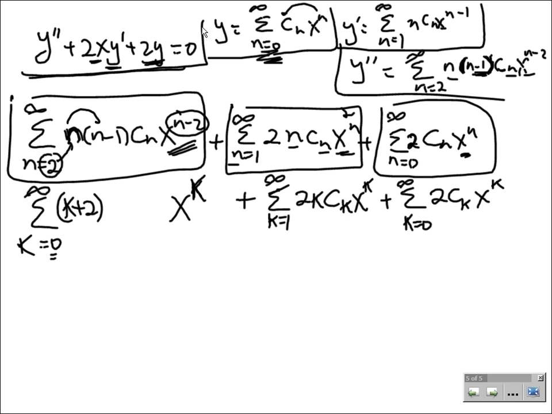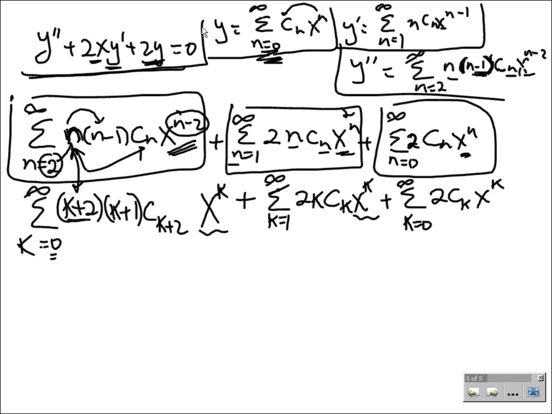Now, that's 1 less, so 1 less than k plus 2 is k plus 1. These two are supposed to be the same. And since n becomes k plus 2, well then c_n becomes c_{k+2}. So now every one of my summations is being multiplied by x to the k, which is good.